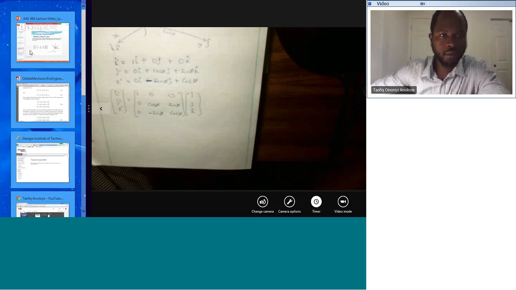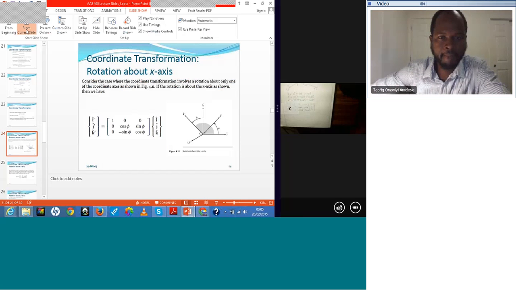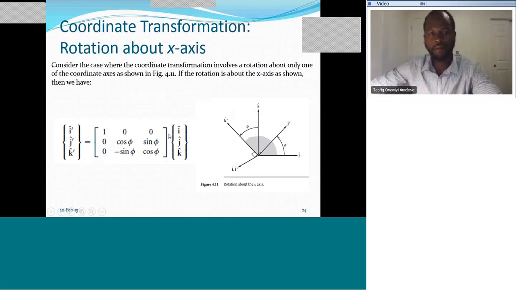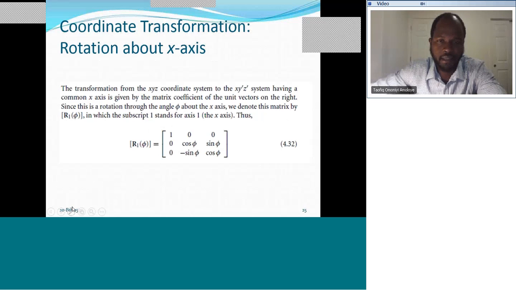So going back to the slide, that is how we have the matrix here. The same can also be done for the rest of the axes. That is, if we rotate about the j axis or about the k axis, and those are presented on the next slide.